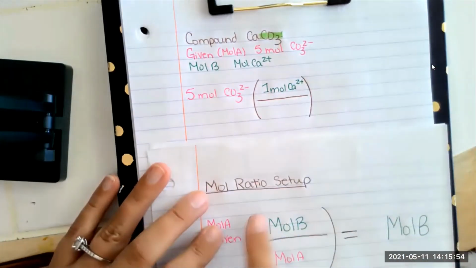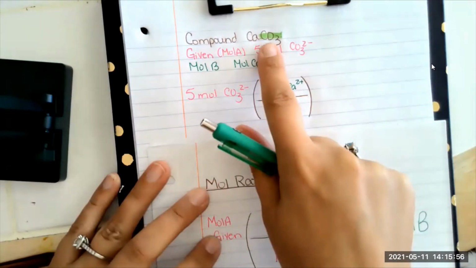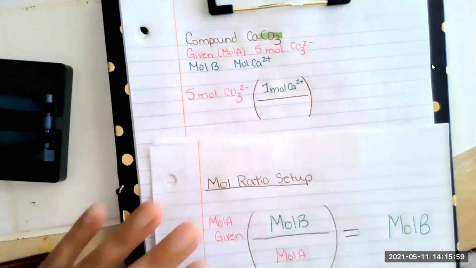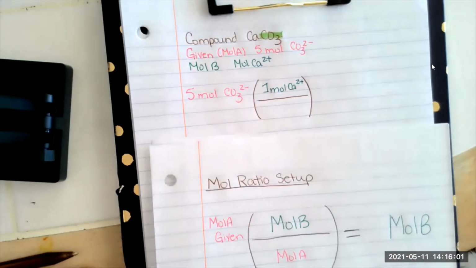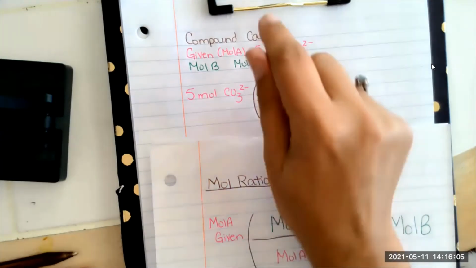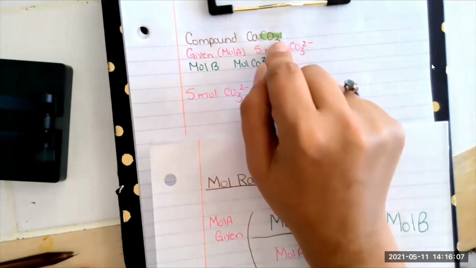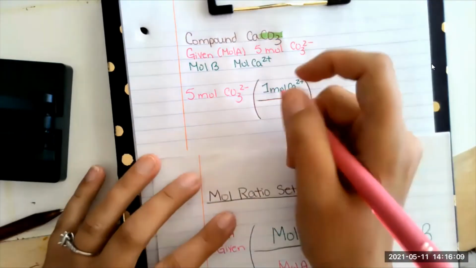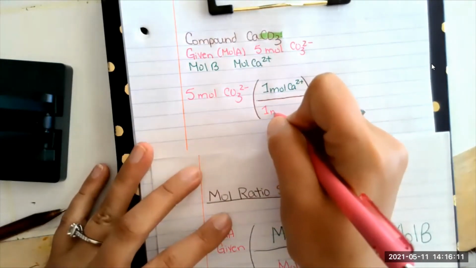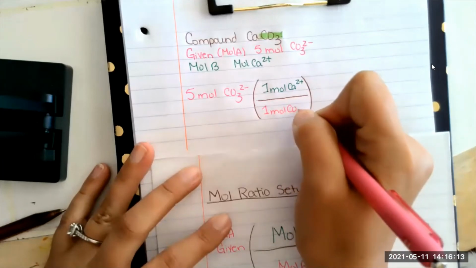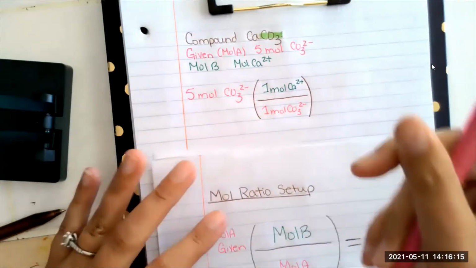And then we look at mole A, which is CO3. CO3 does have the subscript 3, but remember CO3 is also a polyatomic. So there's just one of them, otherwise it would be in parentheses. So we do put 1 mole CO3 2- on the bottom.